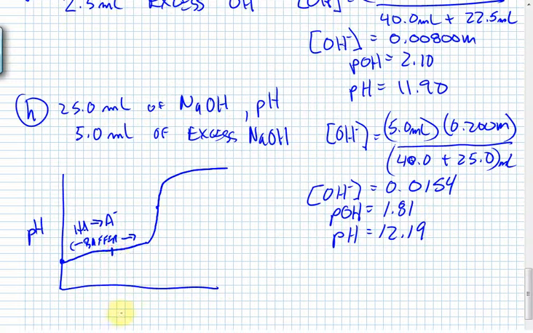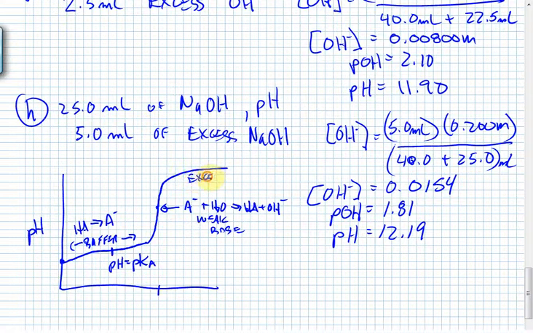The midpoint is an important point. pH equals pKa. Equivalence point, A minus plus H2O is producing HA plus hydroxide. That's a weak base problem. And then finally, beyond the equivalence point, we have excess hydroxide. All right.